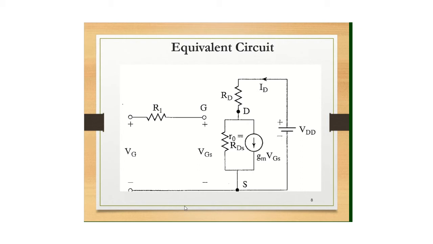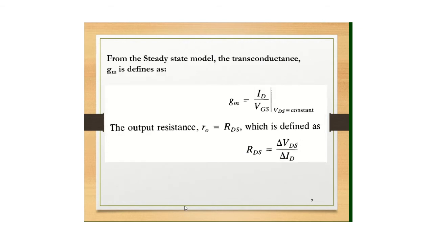From this, the transconductance, GM, is defined as the change in the drain current to change in the gate to source voltage. It is the ratio of drain current to VGS, keeping VDS constant. With VDS kept constant, the transconductance can be measured from the steady state model.